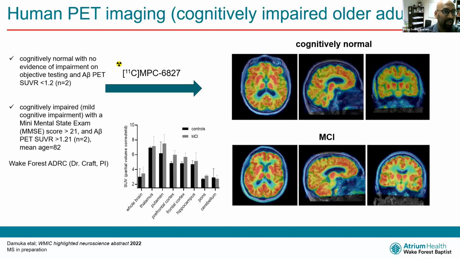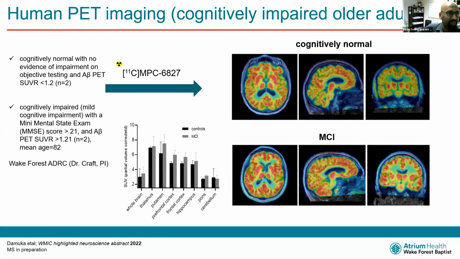So we first selected 2 cognitively normal subjects, who have no impairment on memory with objective testing especially, and they have A-beta PET SUVR values of less than 1.2, meaning they are cognitively normal. And for the cognitively impaired, the MCI, the MMSE score was greater than 21, and the A-beta PET was greater than 1.21.